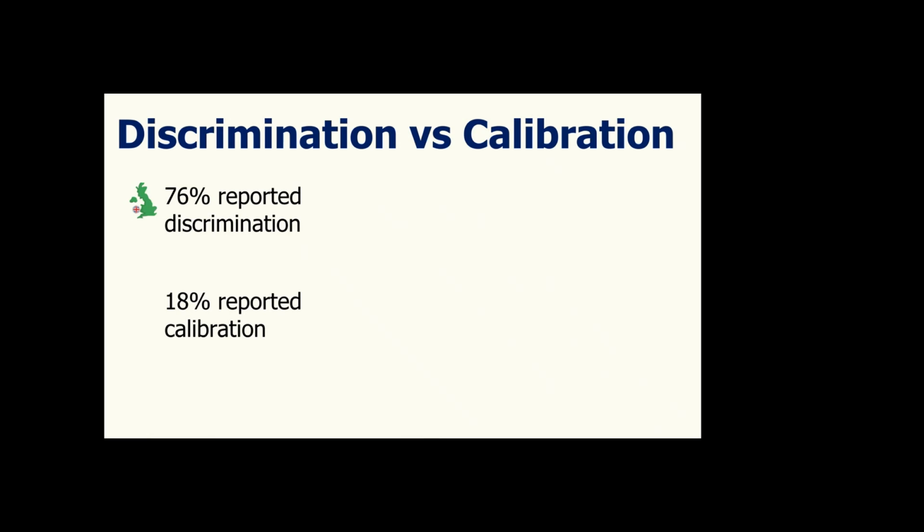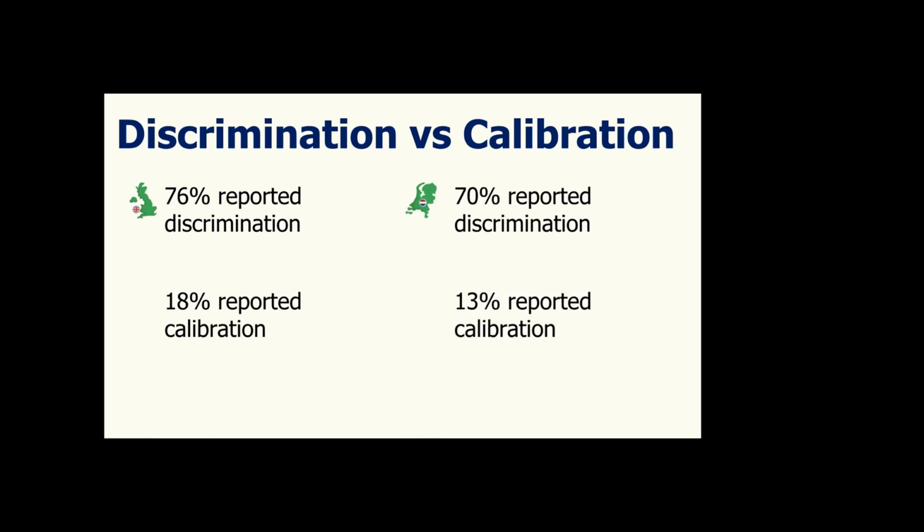Those estimates were reported in the majority of studies, but calibration is where it all falls apart, with 18% reporting calibration in specific studies, and looking more broadly it drops even more: 70% reporting discrimination across all specialties and 13% reporting calibration, which is a real problem because you're not painting the full picture of how the model is actually performing.